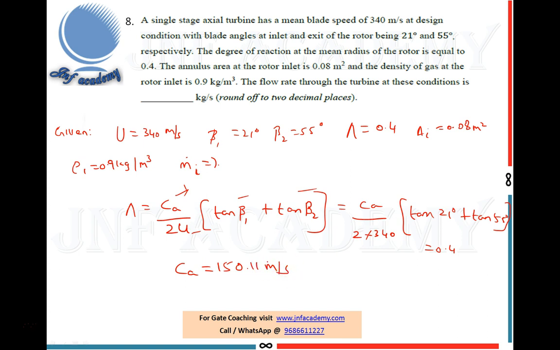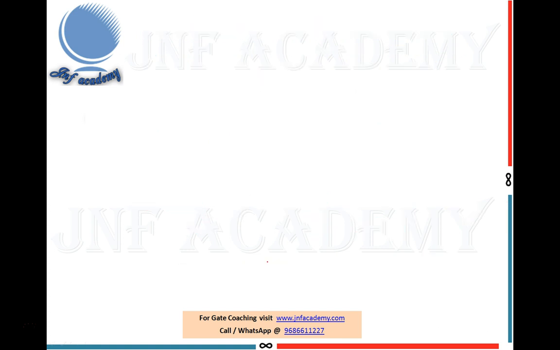Now that we have calculated CA, it is very straightforward. They have asked what is the mass flow rate at the inlet of the turbine. The mass flow rate formula: m dot I is equal to AI rho I into CA. AI is 0.08, rho I is 0.9, and CA we just calculated using the degree of reaction formula is 150.11.